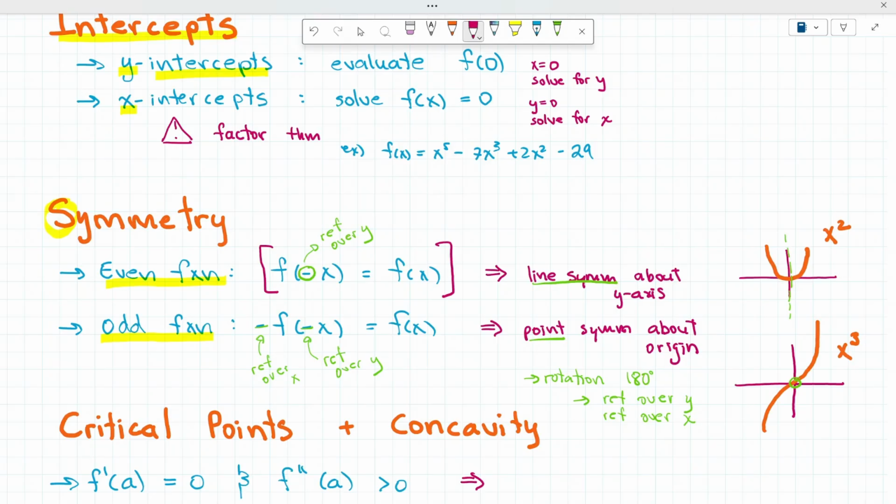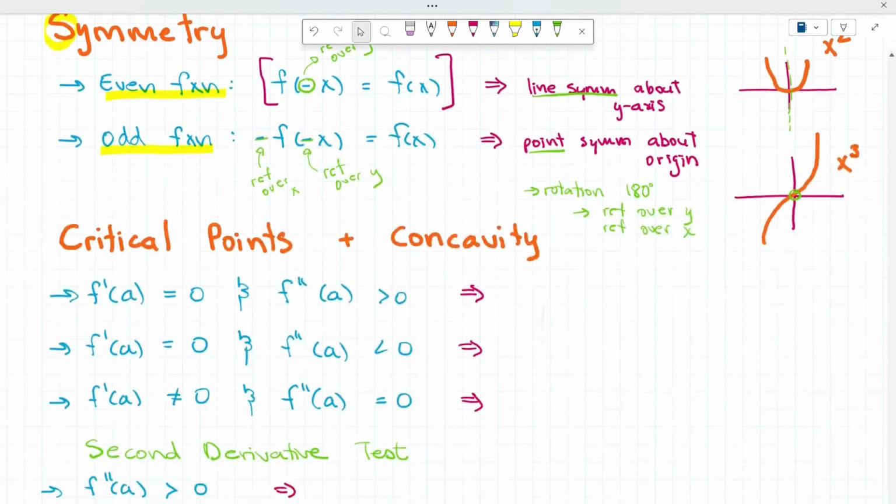So always be sure to do this algebraic check to see if your function is even or odd, and once you know it's even or odd, it will tell you directly whether it's line symmetry or point symmetry. And there are cases where your function might have no symmetry, and that's all right too. So just make sure that you make a note of that.